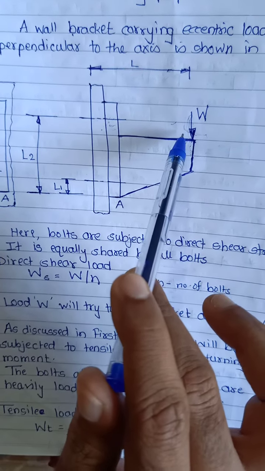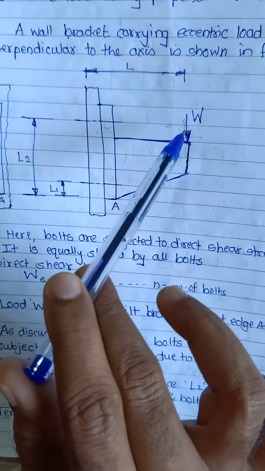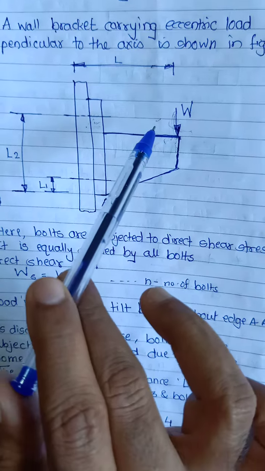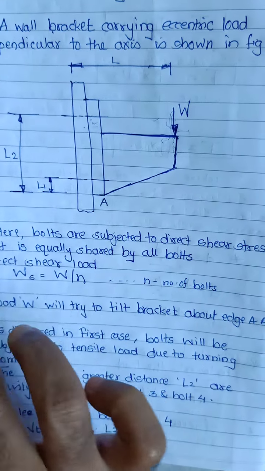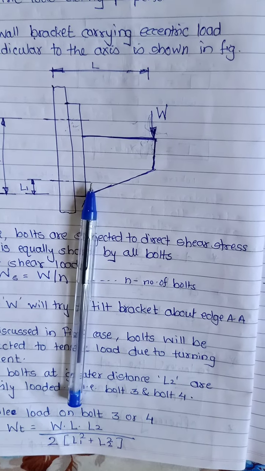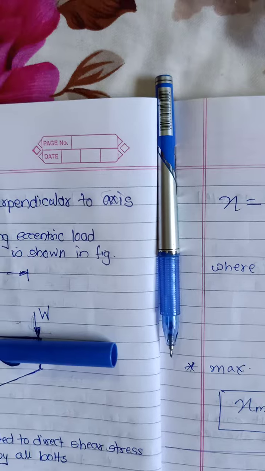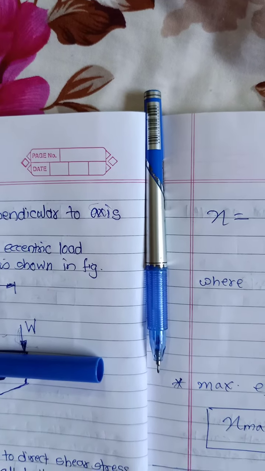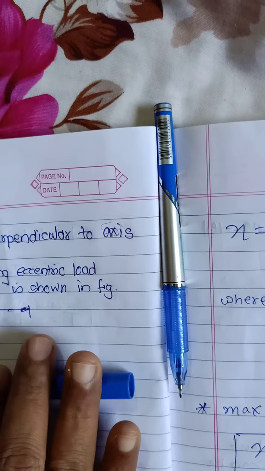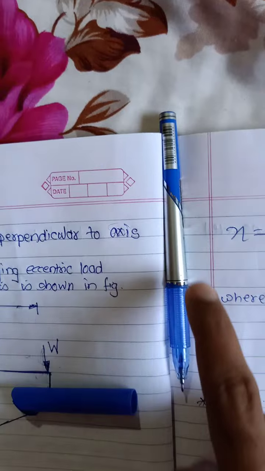parallel to the force W. So we know that if the area is parallel to W, the failure will be because of shear failure. So here the primary force will be a shear force. To demonstrate, here we have a bolt like this, and this is the load acting.